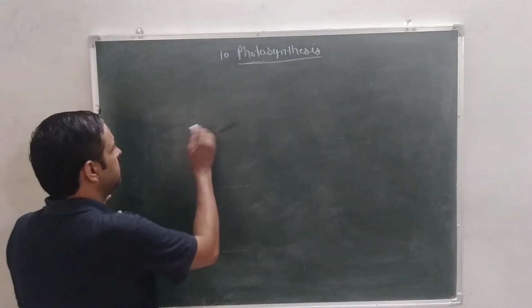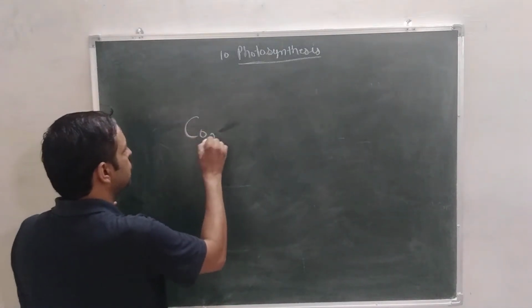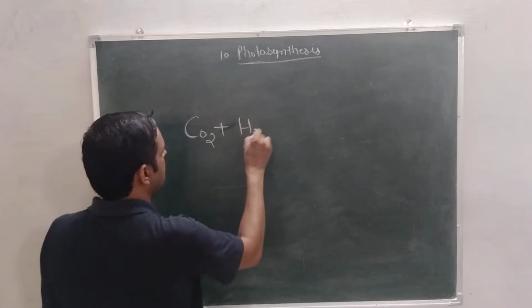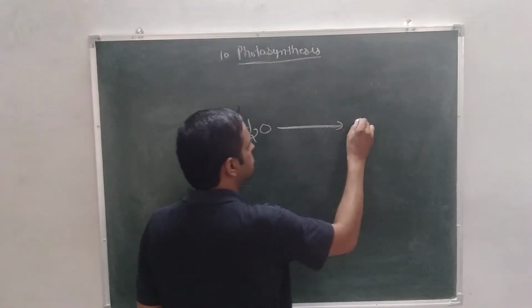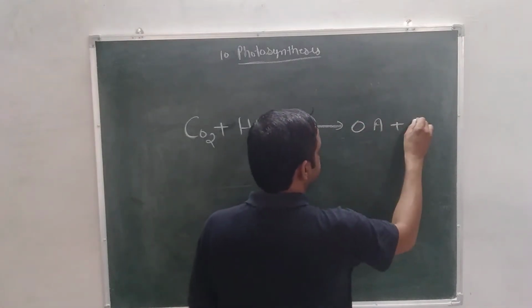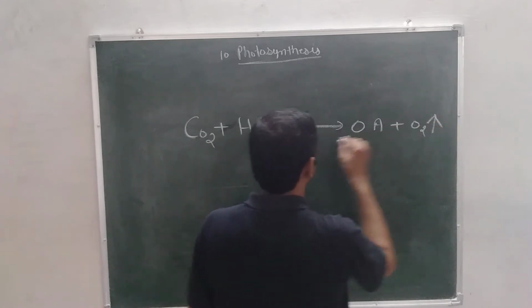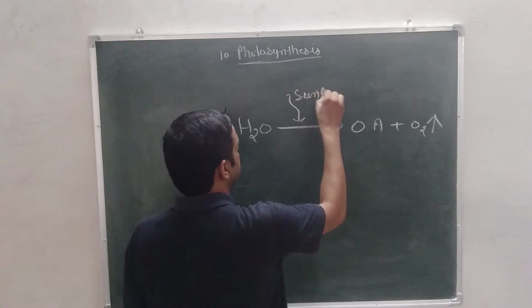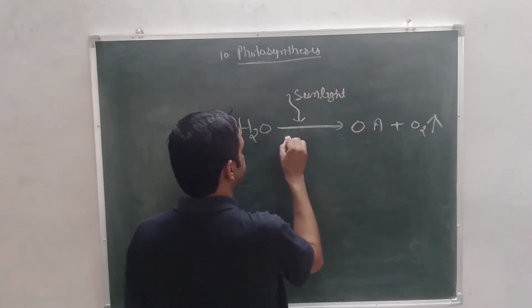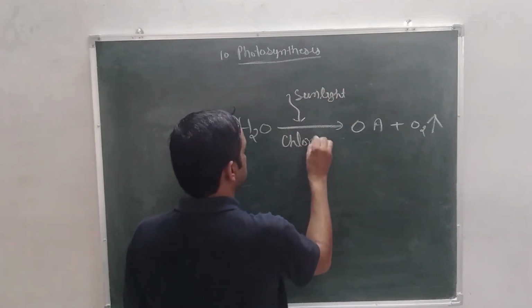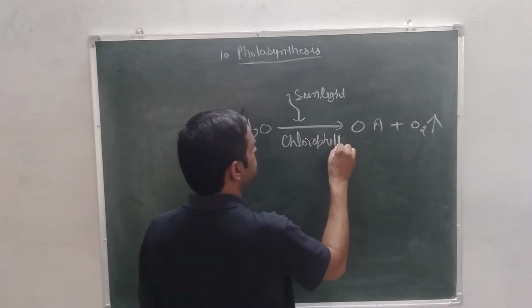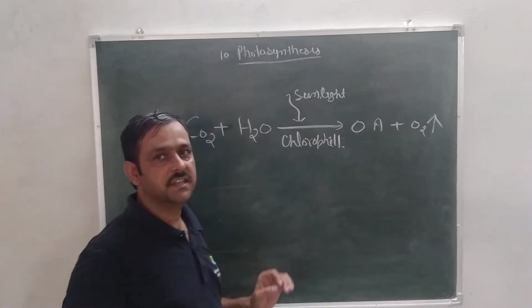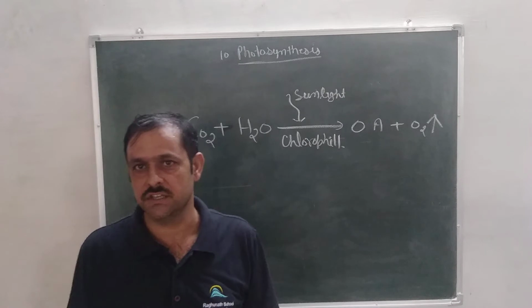Third definition, look at the board. CO2 plus H2O gives organic acid plus oxygen. Here, sunlight and chlorophyll are required. This is the full reaction of photosynthesis.